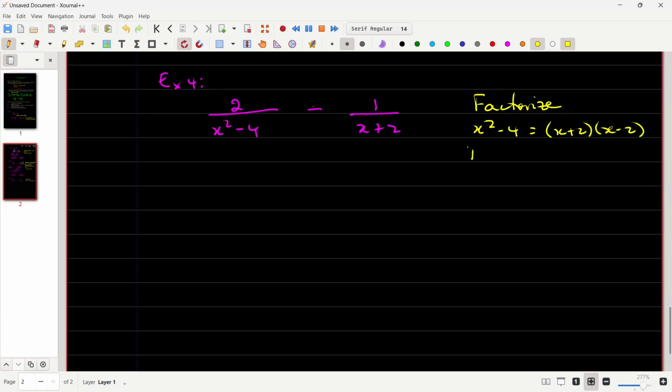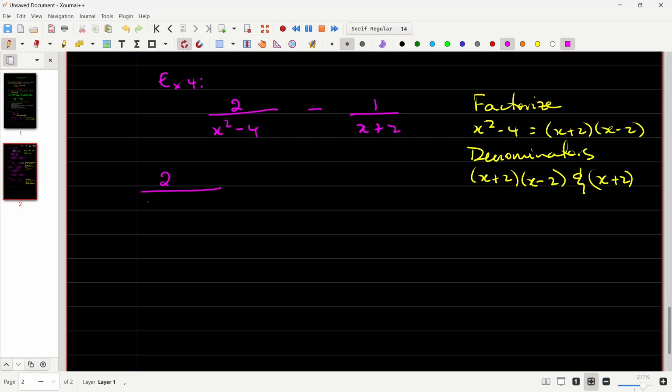The denominators are going to be x plus 2 into x minus 2 and x plus 2. Again, we can notice that we have x plus 2 in common and then x minus 2 as the extra, so we can rewrite everything. Let's first rewrite this one.